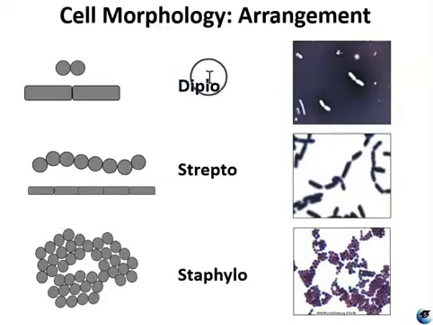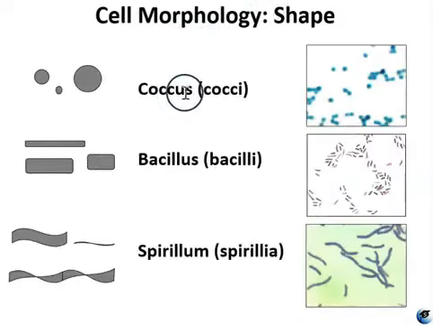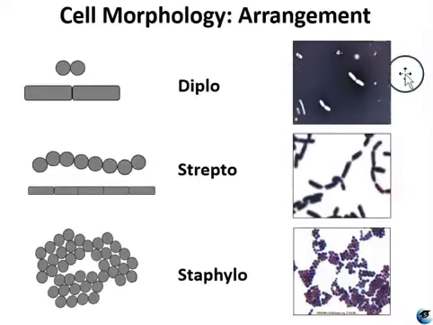First of all, you do have cells that occur individually, and they would have the same name as their shape. So if you have cocci that are almost always appearing by themselves, then that would just be called cocci. It's not monococci. If the cells are appearing individually, their arrangement is the same as their shape. If they're occurring in pairs, like these here, then that arrangement is diplo.